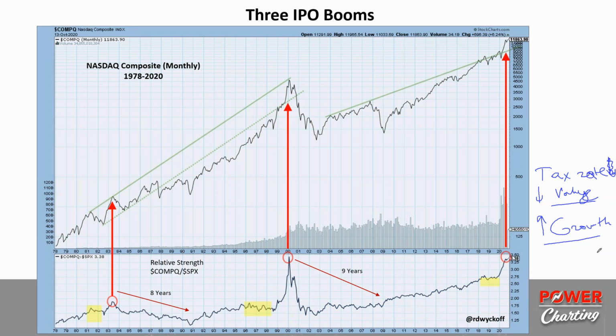But I'm not at all convinced that the growth stock theme is over yet. I'm just seeing that there's a horse race here. Now I'll say this, back in 2000, there was a classic distributional top made on that climactic surge.